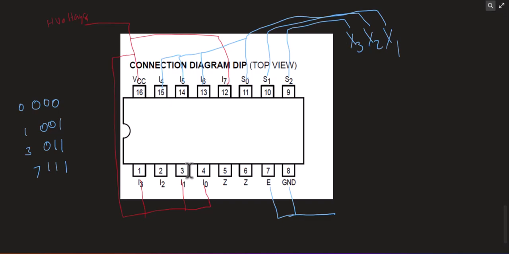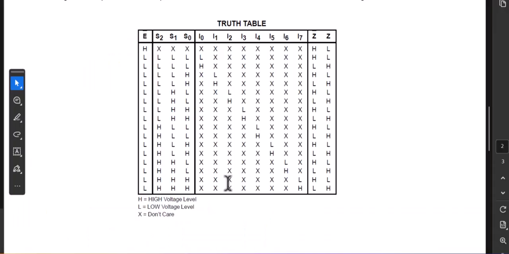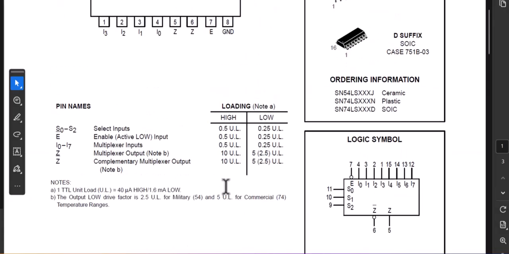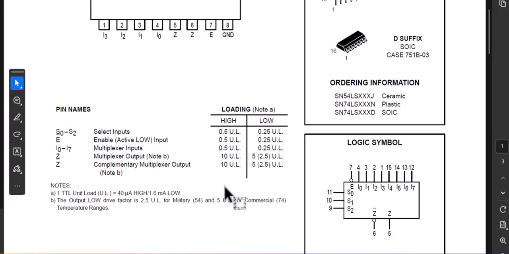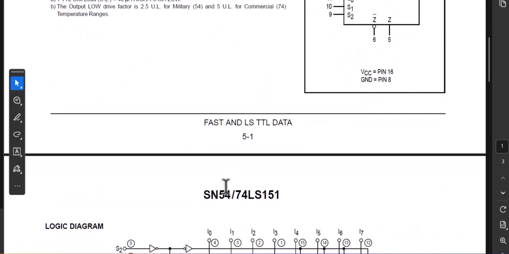And then we would need to take our output, which is either 5 or 6. 5 is Z and 6 is Z bar.